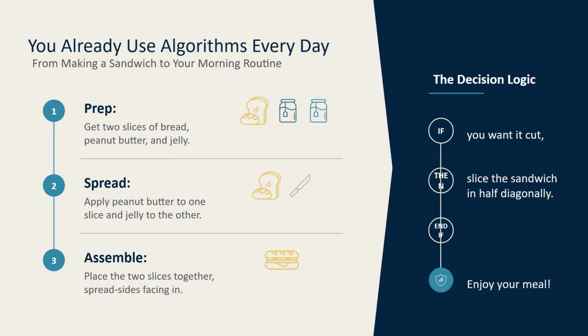If not, you could just skip that step and enjoy your meal. That is just a simple example of conditional logic inside an algorithm. So, algorithms are not just used in programming, we actually use them in everyday life anytime we decide to follow a process step by step.